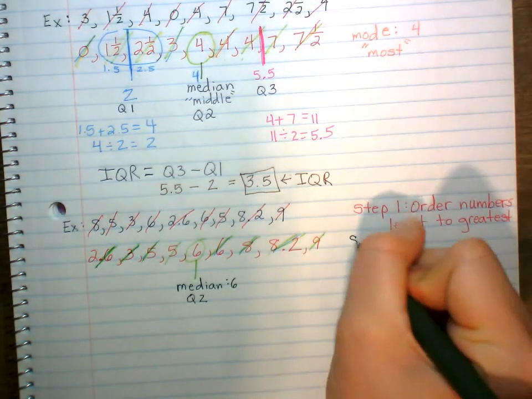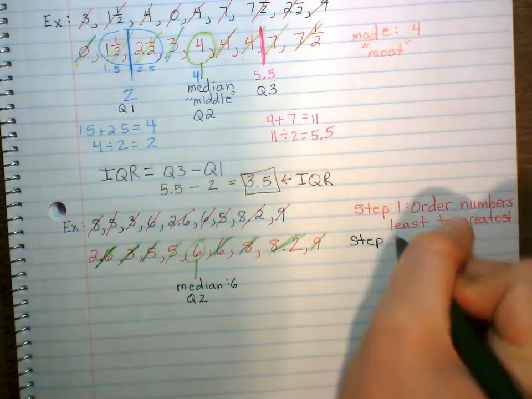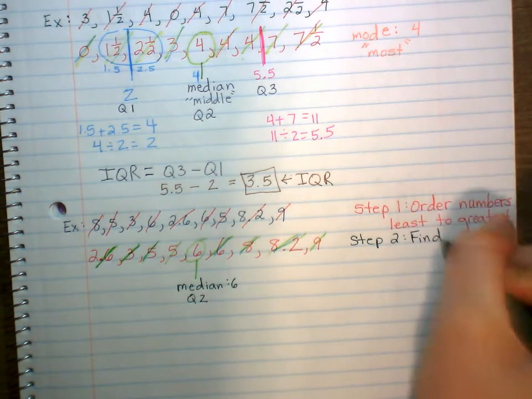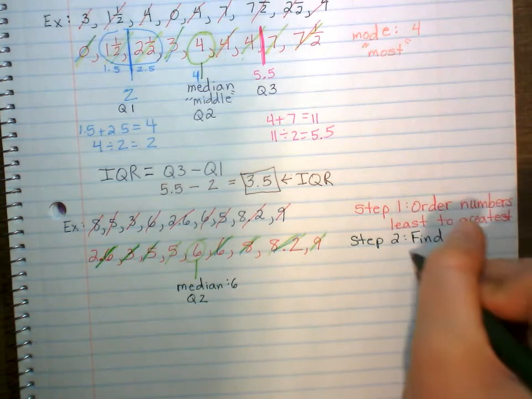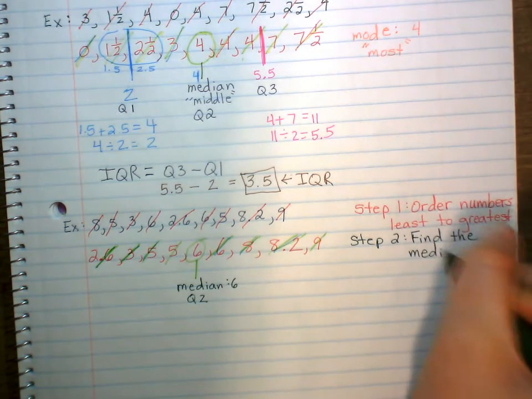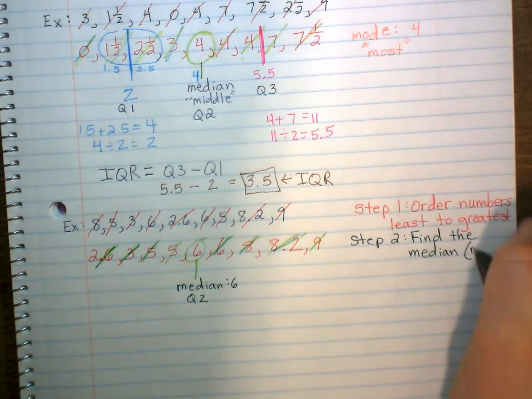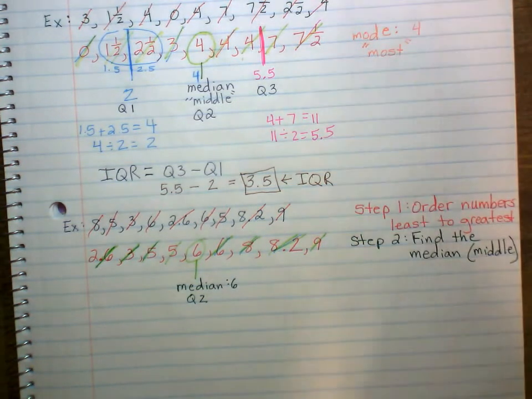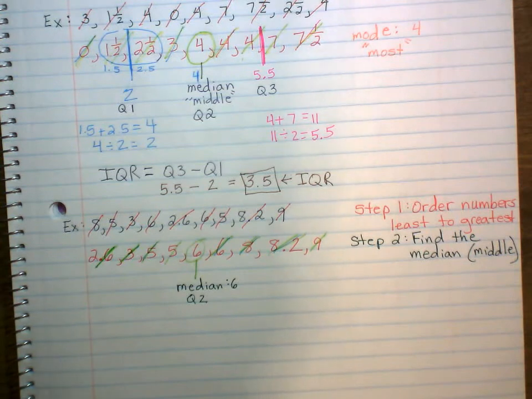So step 2, after we order them, guys, find the median. So first you put them in order, then you find the middle. Because why are we finding the middle first? Interquartile, quartile, quarters. We have to break it into fourths.